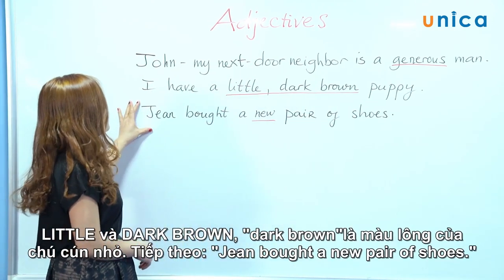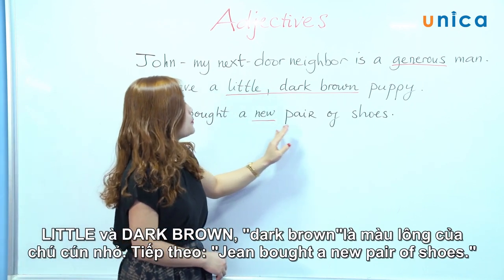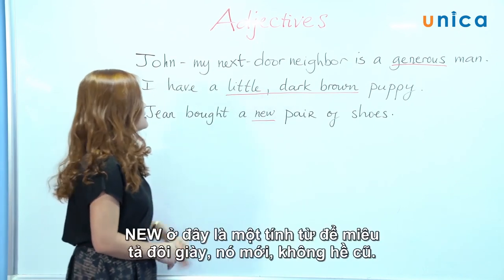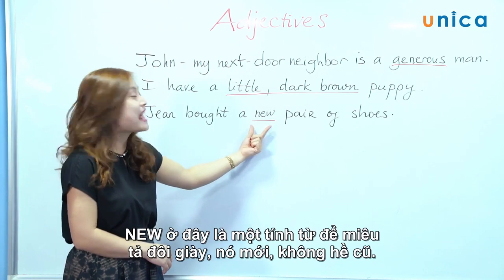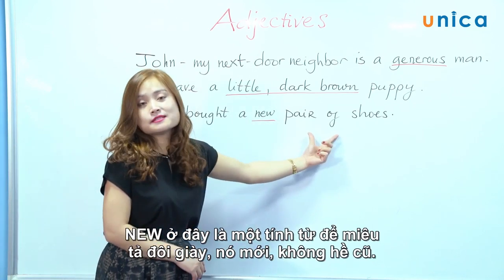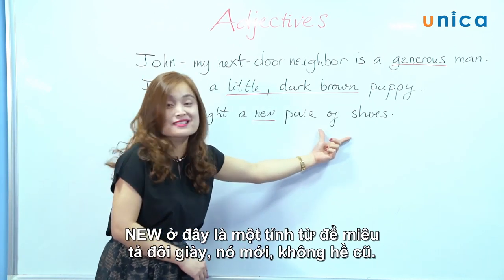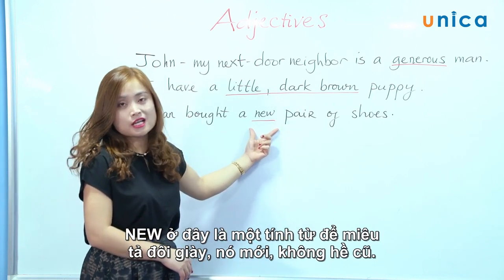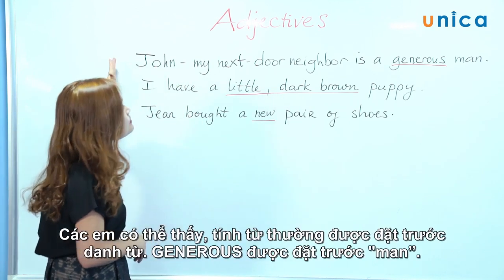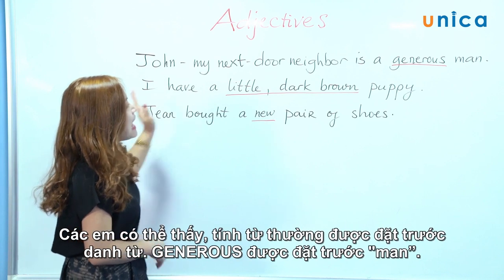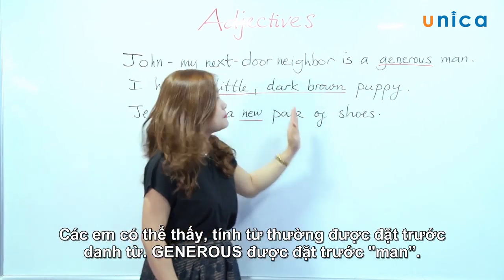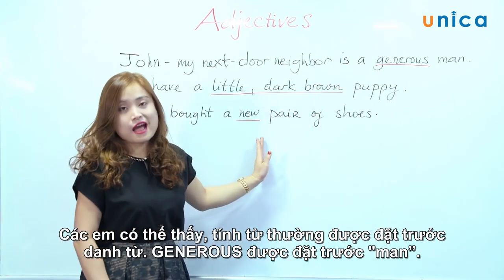And the next one: Jean bought a new pair of shoes. So new here is an adjective to describe this pair of shoes. It's new, not old. So you can see adjectives are normally placed before nouns.